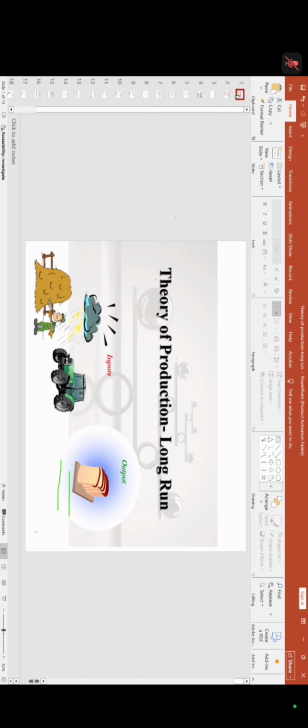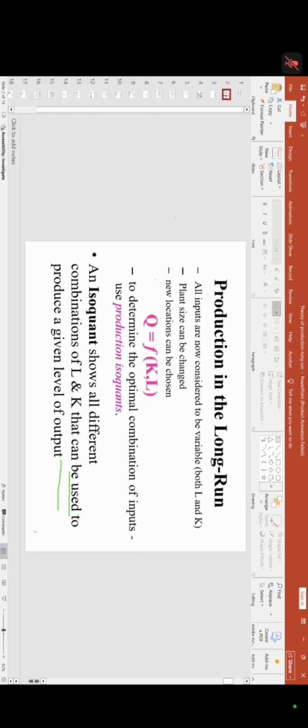But in the long run, with the capacity increase, or scale of return, all the inputs will become variables. That means you can change your plant size, location, and capacity. Therefore, of course, your output might change, but at different levels. It might be constant, it might be increasing or decreasing, as I mentioned previously.